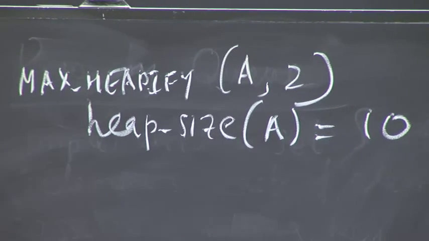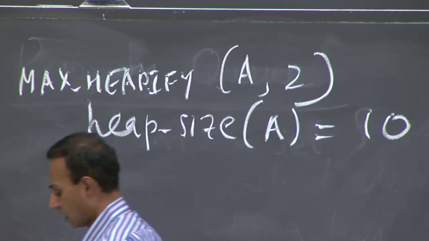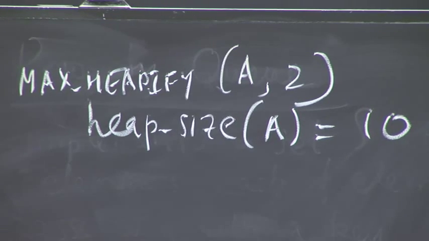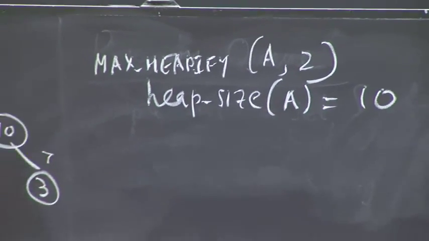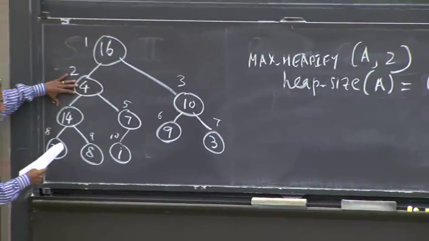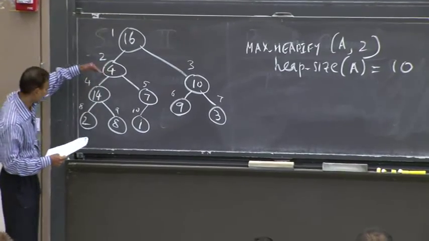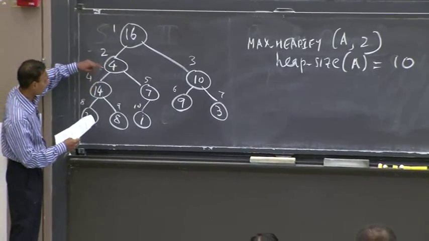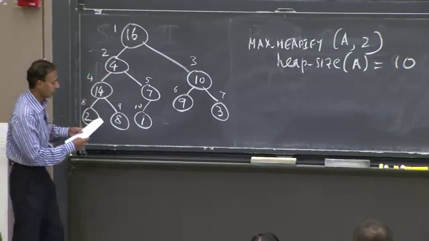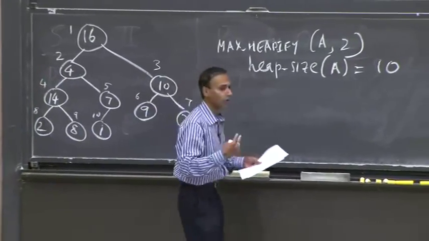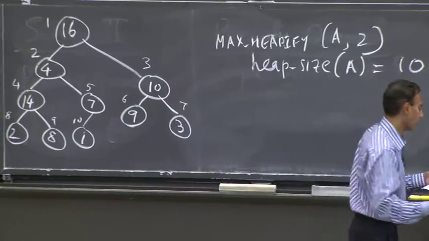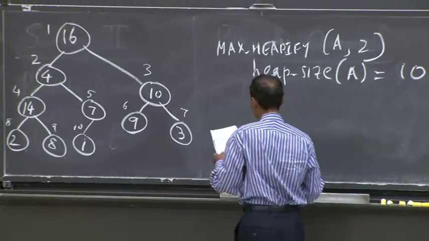Right? So what does Max-heapify do? Well, all Max-heapify does is exchange elements. If you looked at the code for Max-heapify and walked through it, this is what it would do. You're going to look at 4 and 14, and it's going to say, okay, I'm going to look at both my children, and I'm going to exchange with the bigger child.